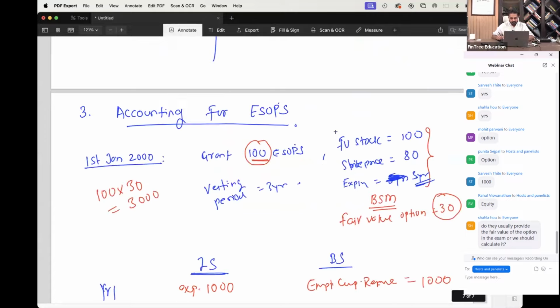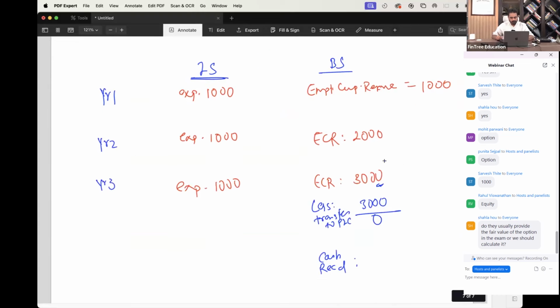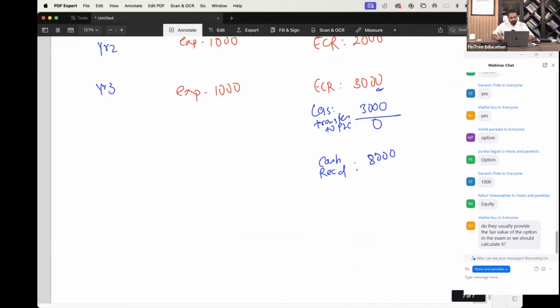How much is the cash received? We have 100 ESOPs and the strike price was 80. So how much cash will the employee give us? 100 into 80, 8,000. So cash received 8,000. Second effect, increase in paid in capital 8,000. That's how your balance sheet will tally.